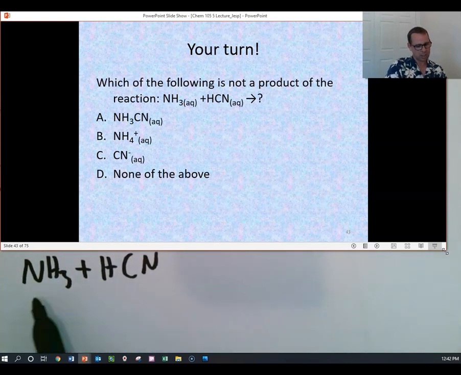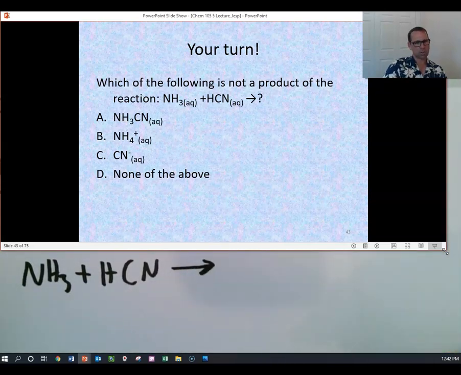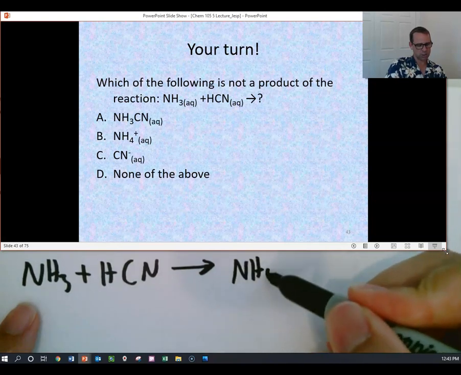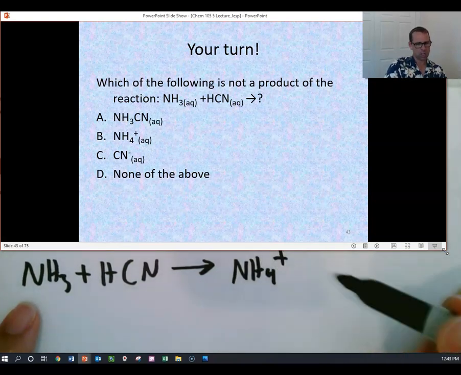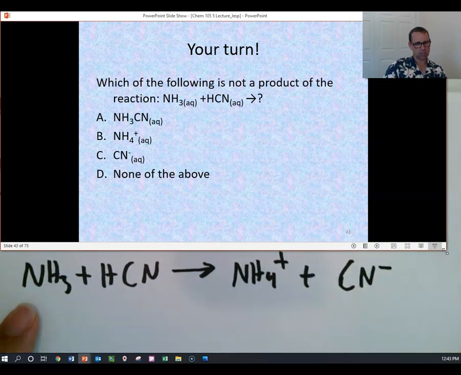Very good. NH3 is our base and HCN is our acid. So when these come together, the hydrogen ion of an acid will always go to the base. And so you get NH4 with a positive charge and CN minus, the cyanide ion. Okay? So which one is not a product of this reaction?